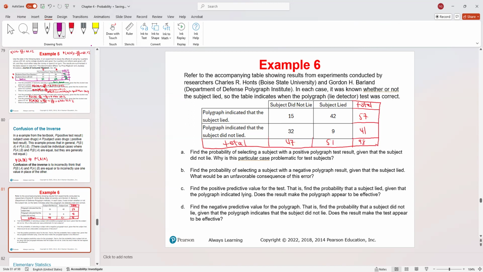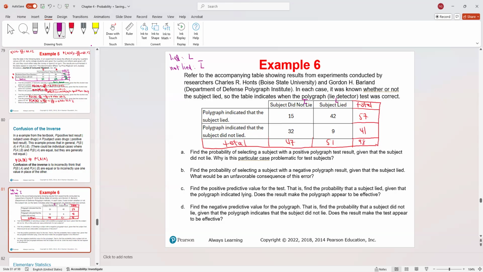I'm going to say subject lied, L. Subject did not lie, I'm going to put not L. So I'm trying to make enough space to write everything down.